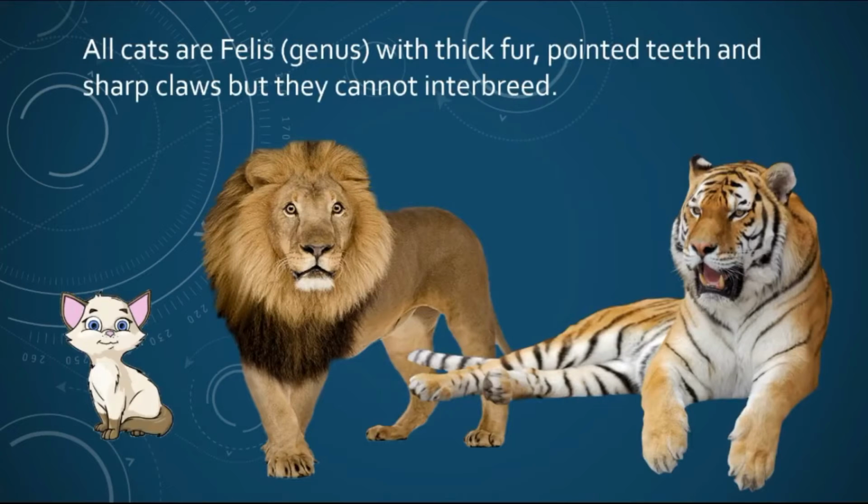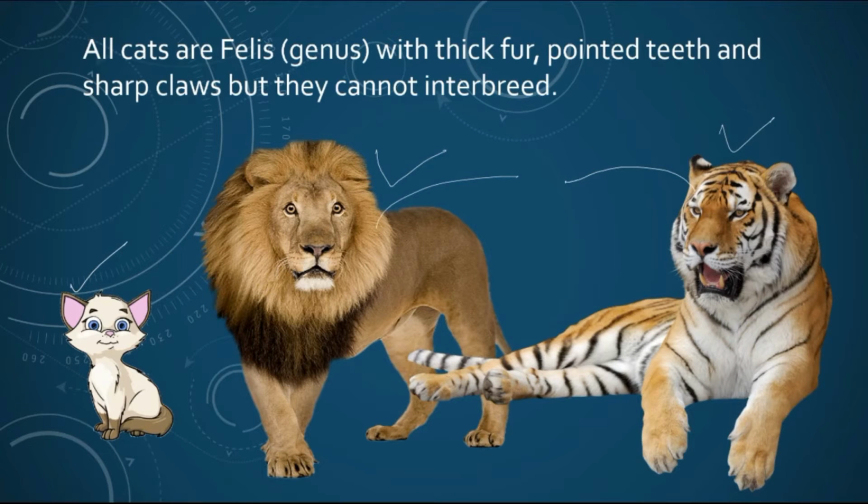You all know which animals are from the cat family. We have a domestic cat here on your screen. A lion again belongs to the cat family. A tiger is again the cat family. But we cannot expect that there will be a young one from a lion and a tiger.